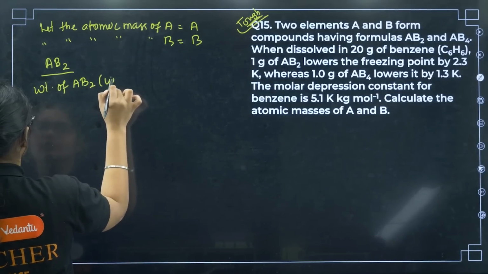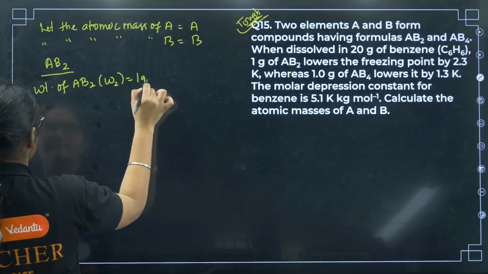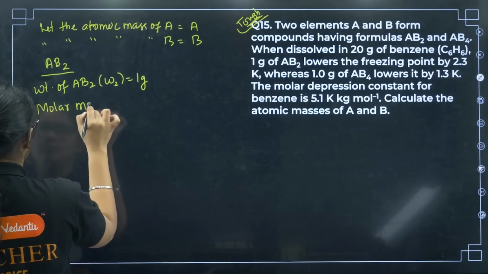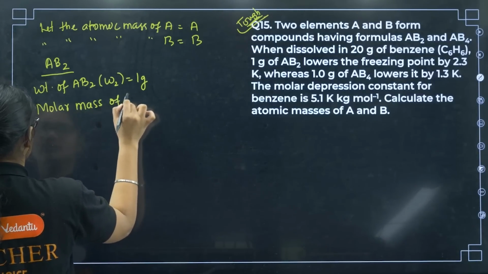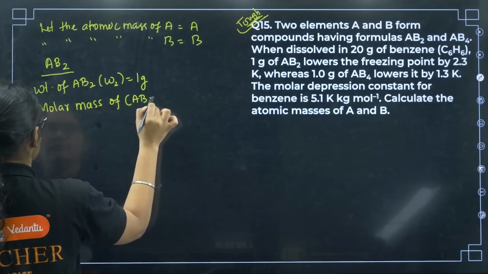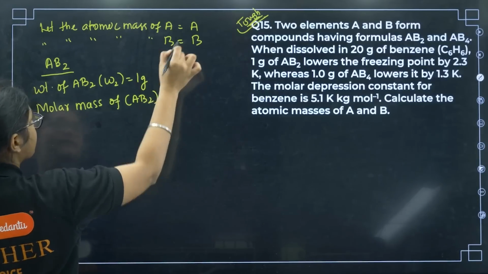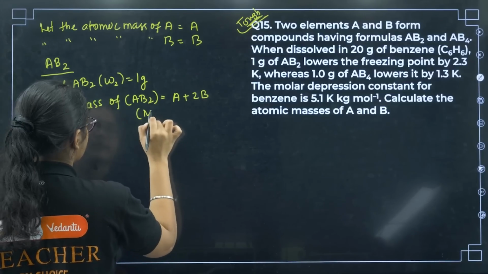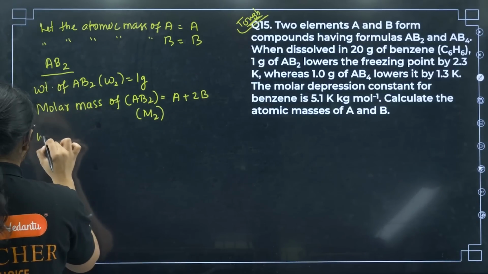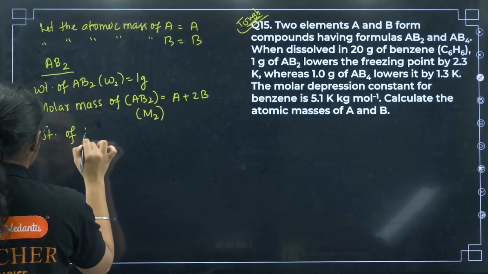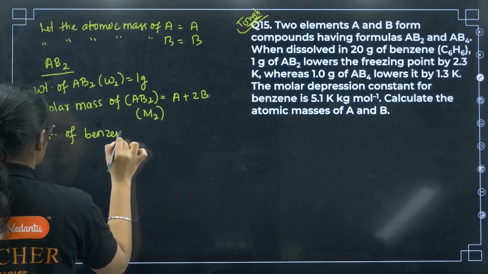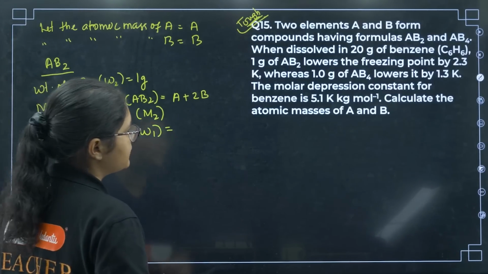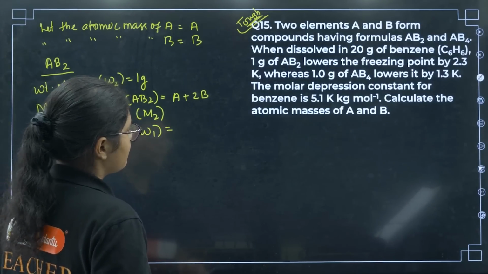That is W2, equal to 1 gram. Molar mass of AB2 is A plus 2B, denoted as M2. Then weight of benzene, W1, is how much? 20 gram.